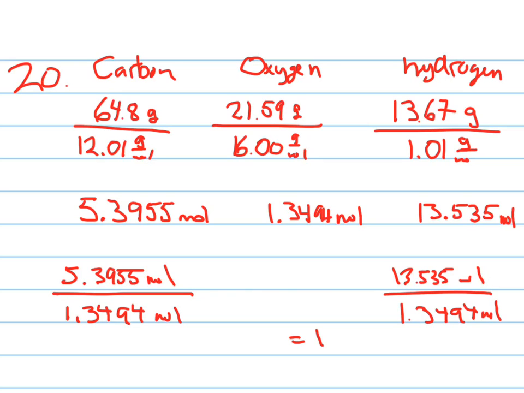That works out to be about 10. And over here on the other side, 5.3955 divided by 1.3494 gives us 3.99. So that means that we're going to have C4H10 and one little tiny oxygen.